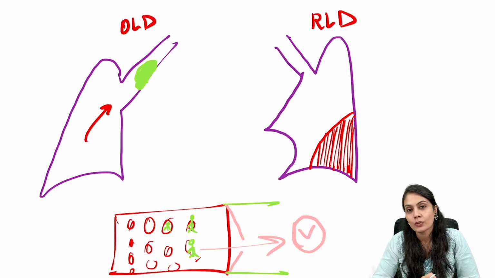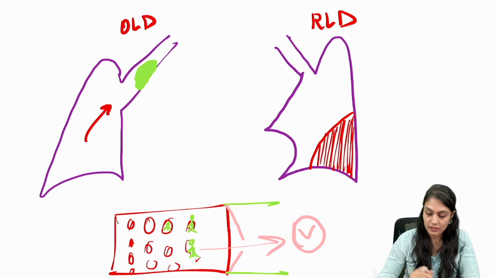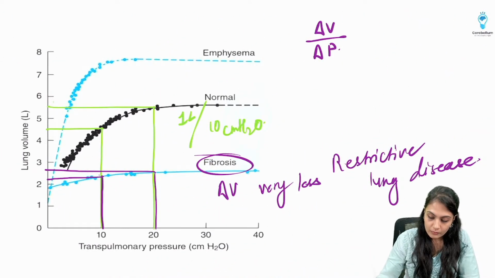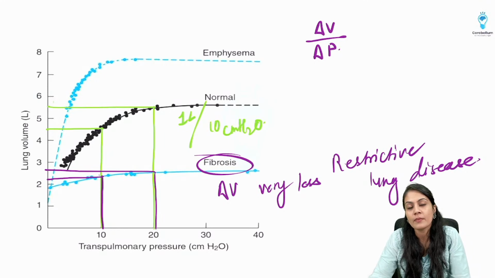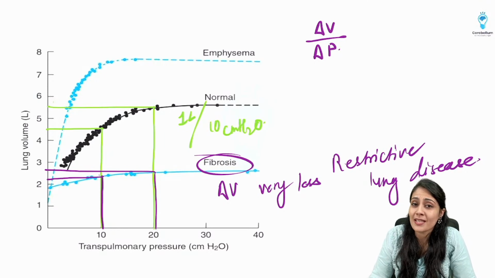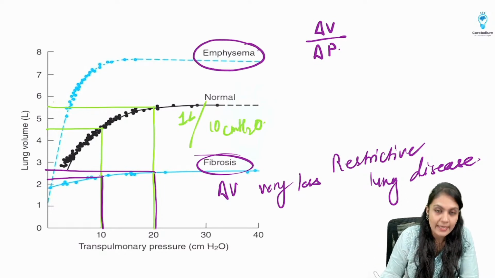And that is known as the restriction, which is nothing but the same thing happening in restrictive and obstructive lung disease, okay? Now, if I talk about emphysema, it is a parenchymal disease again. We have seen, as you guys just told me, that in emphysema the problem is not in the compliance per se.